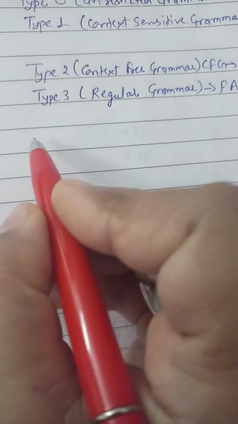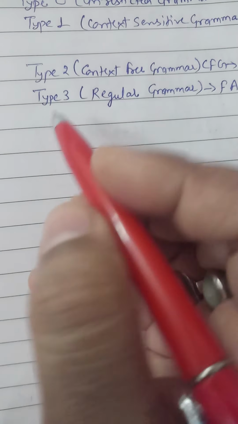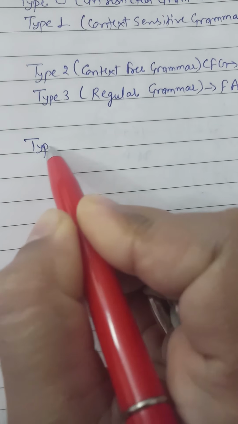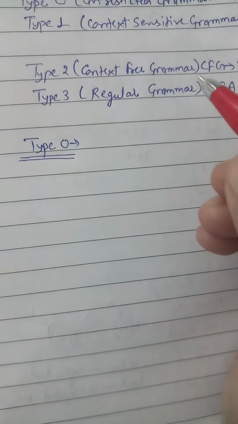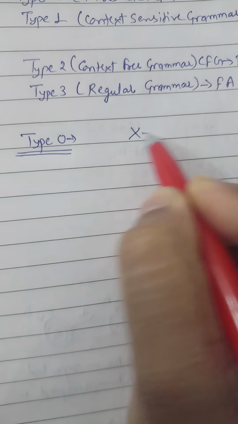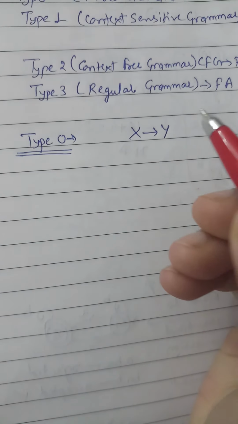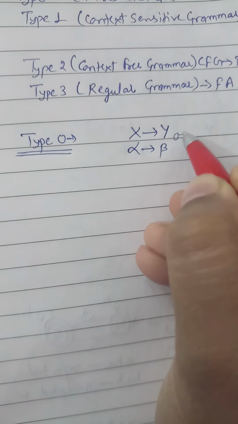Now let's check how we can determine whether the grammar is type 0, type 1, type 2 or type 3. So first start with type 0. Suppose we have the production x tends to y, or we can say alpha tends to beta.